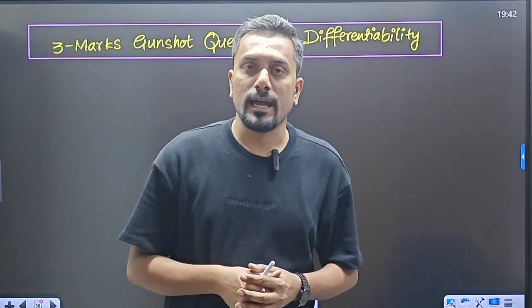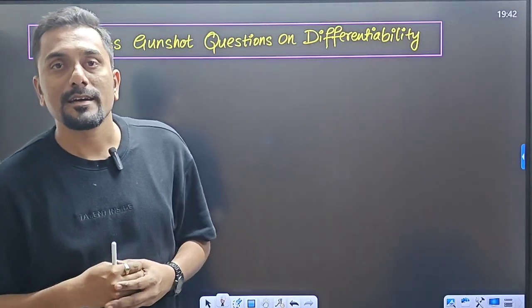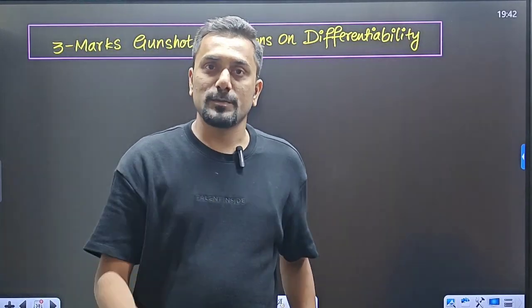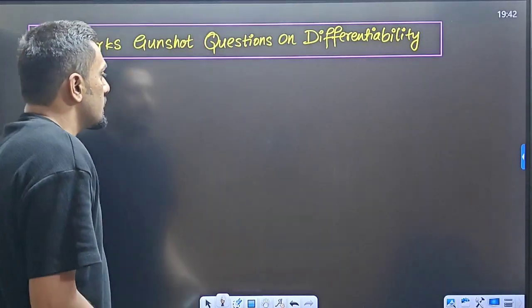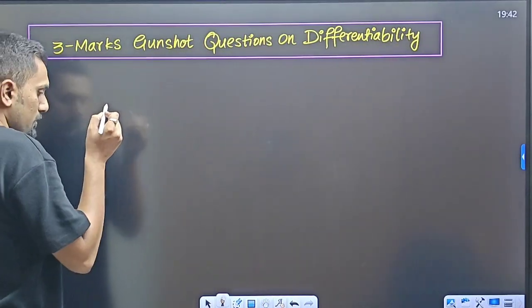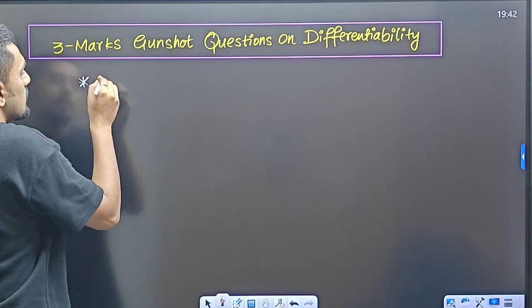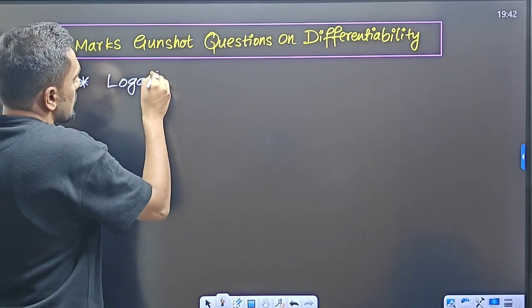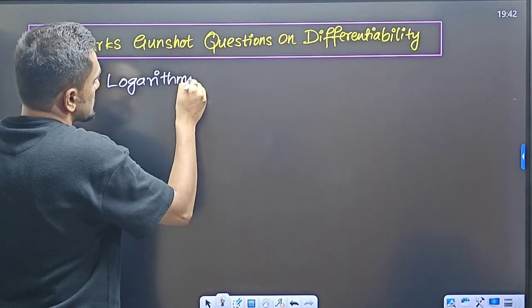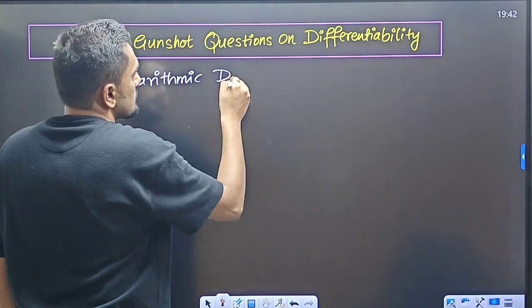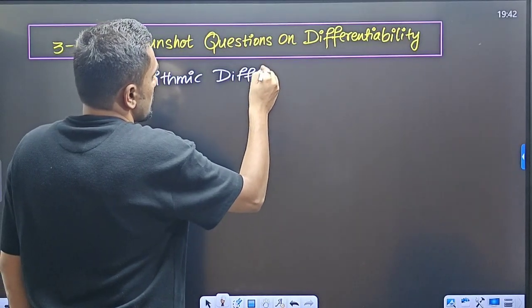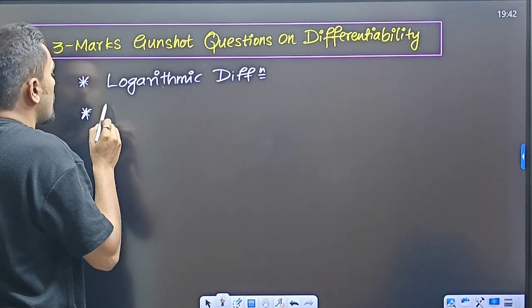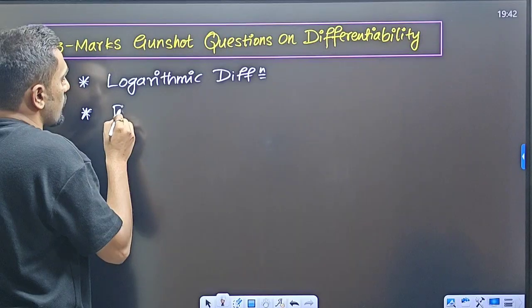In today's session, I am going to discuss 3-mark short questions from differentiability. So let us begin with the session. See, for 3-mark, they will majorly focus on logarithmic differentiation and derivatives of the functions in parametric forms.